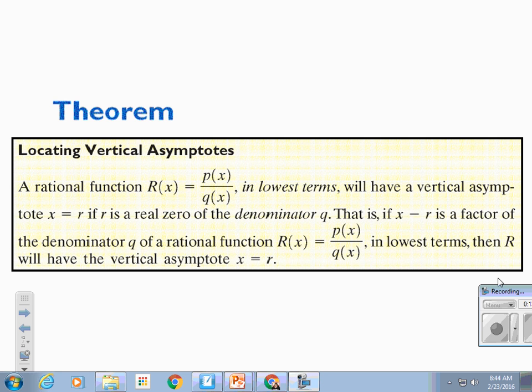So if x minus r is a factor of the denominator, then there is a vertical asymptote at x equals r. In my notes, I write r of x equals p of x over q of x, with a vertical asymptote at x equals r if r is a zero of q.